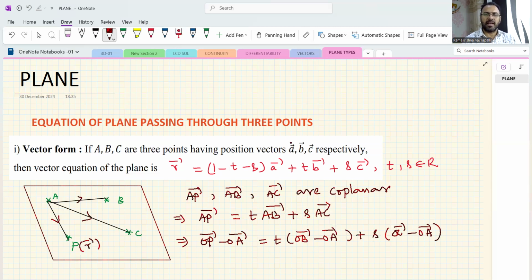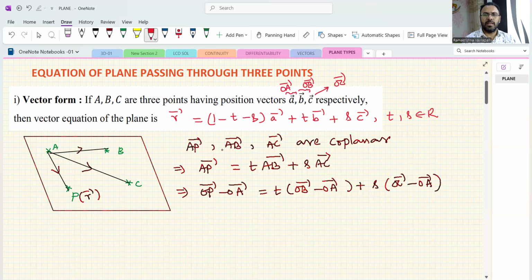Given that this is the OA bar vector, B bar vector is nothing but OB bar vector, and C bar is nothing but OC bar vector. Substituting those position vectors here, OP bar is R bar, so R bar minus A bar equal to T into (B bar minus A bar) plus S into (C bar minus A bar).